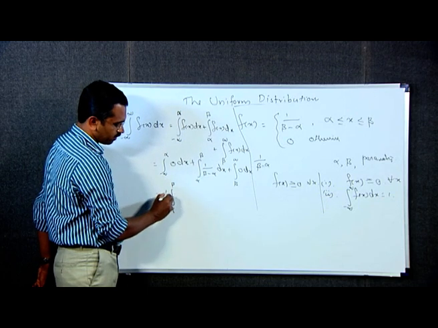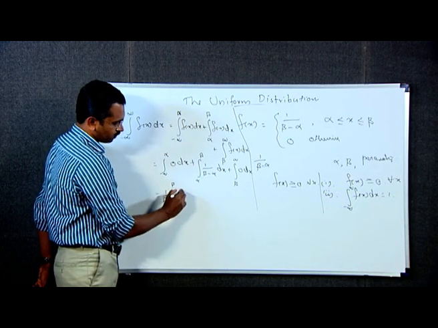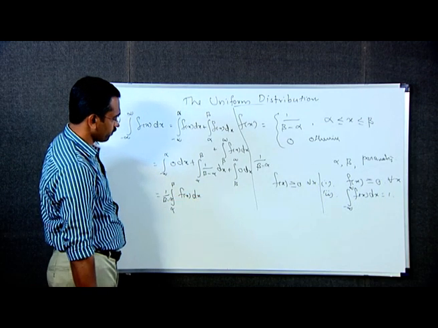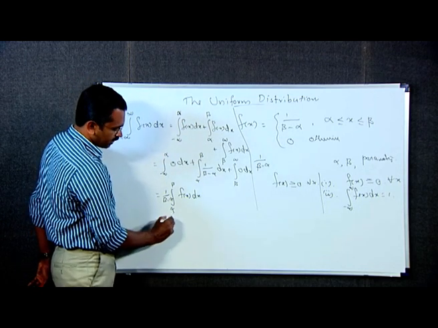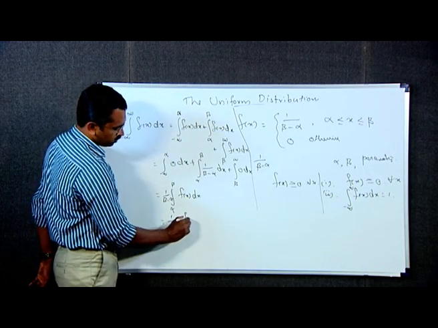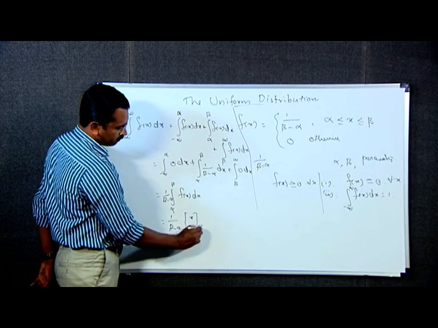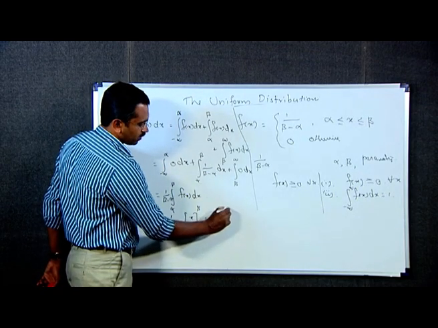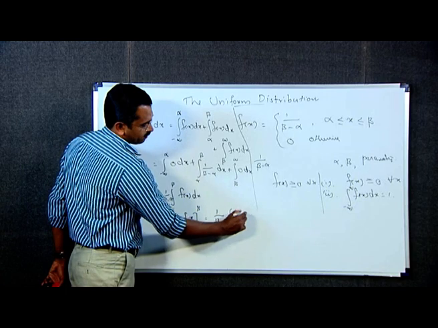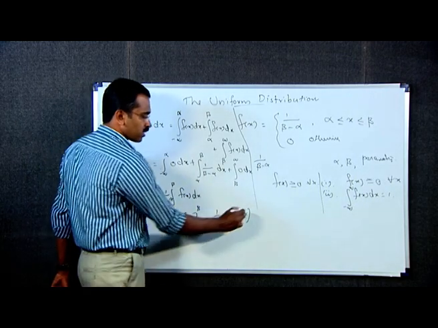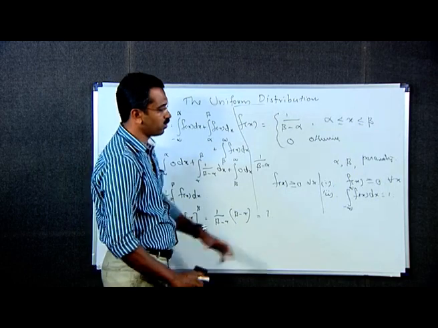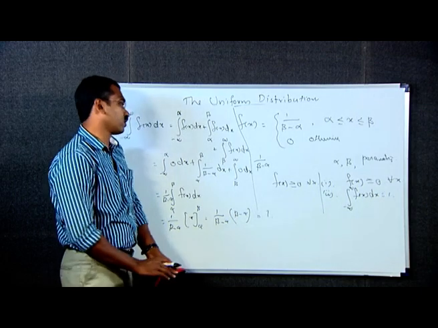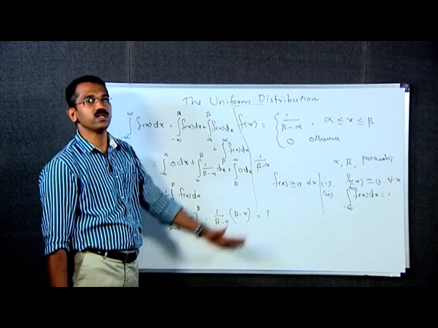We can take 1 by beta minus alpha outside f of x dx. That is equal to 1 by beta minus alpha into x between the limits alpha and beta, that is 1 by beta minus alpha into beta minus alpha, which is equal to 1. Therefore, the second condition is also satisfied. Hence, this function can define the PDF.